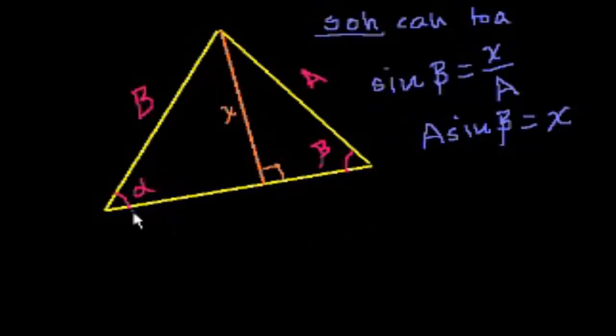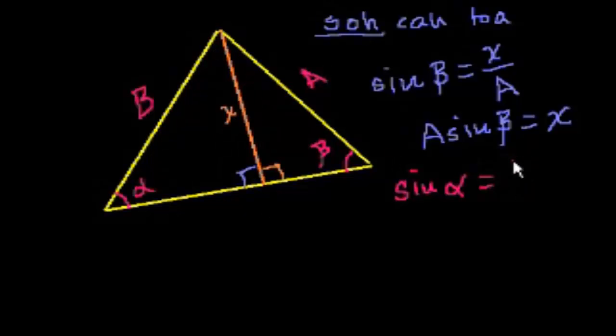Now let's see if we can find a relationship between alpha, b, and x. Similarly, this is also a right triangle, and x relative to alpha is also the opposite side, and b now is the hypotenuse. So we can also write that the sine of alpha is equal to opposite over hypotenuse.